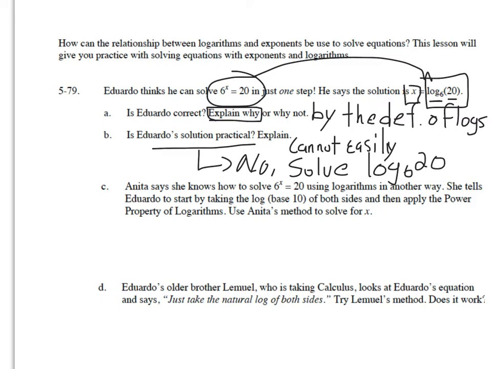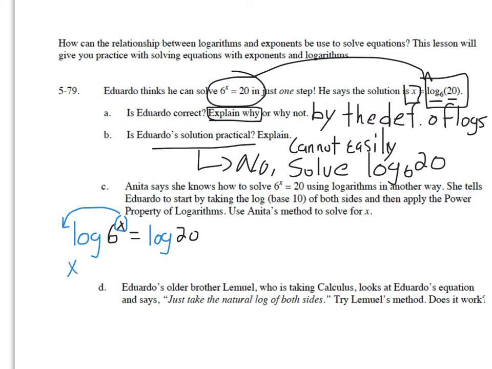Now Anita says she knows how to solve 6 to the x equaling 20 using logarithms in another way. She tells Eduardo to start by taking the log base 10 of both sides and then apply the power property of logarithms. So here's what Anita is saying. If I take 6 to the x equaling 20, and then take the log of both sides, log of the left and the log of the right, I now can pull this exponent of x out in front.